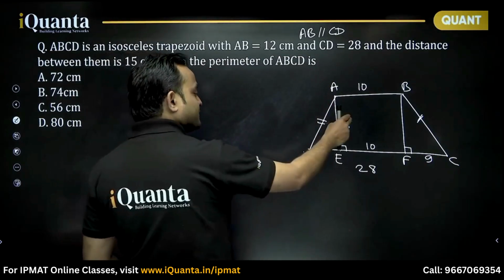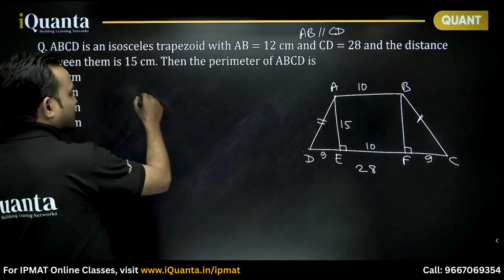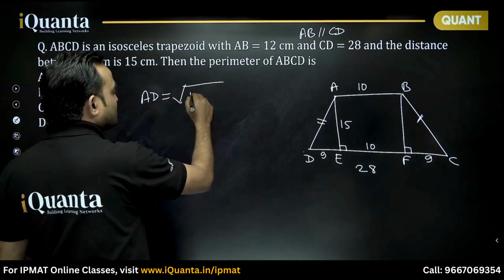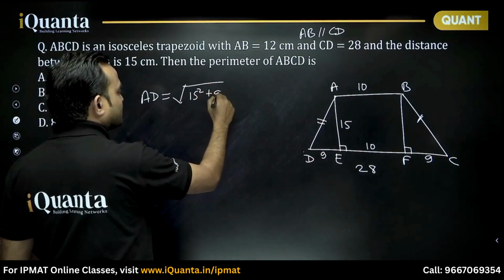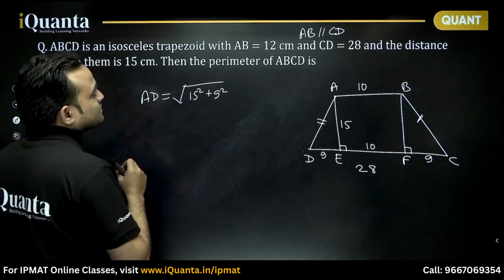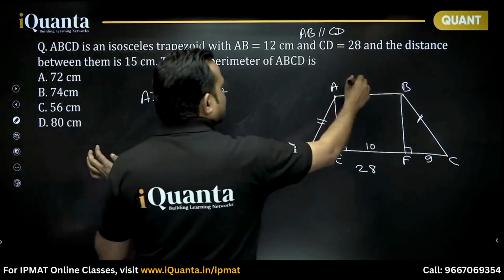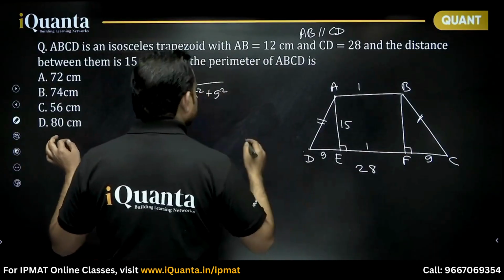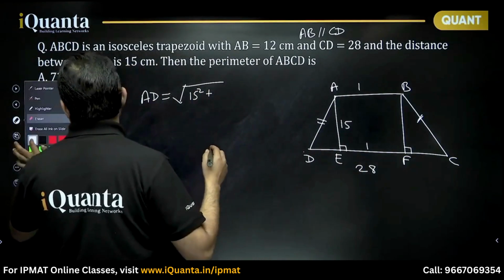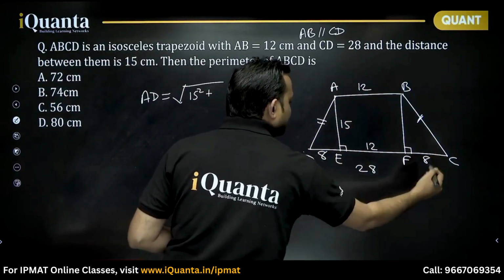So if this is 15, this is 9, what would be the length of AD? Can we say that AD will be equal to square root of 15 square plus 9 square, right? Okay, it's given that AB is equal to 12, so let's put a 12 here. In that case, these lengths will be different. If this is 12, this is also 12, and these two will become 8 and 8.